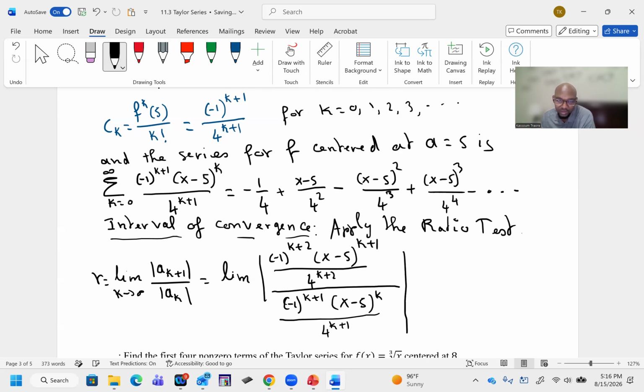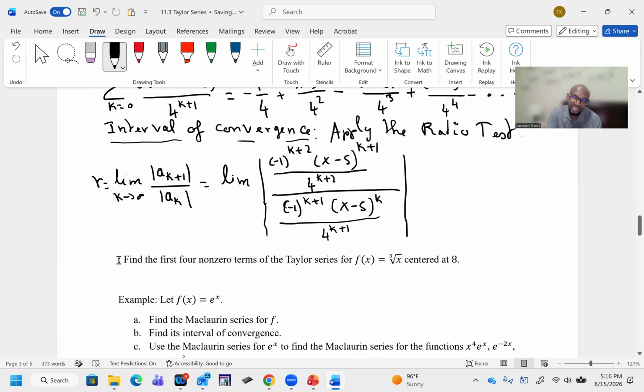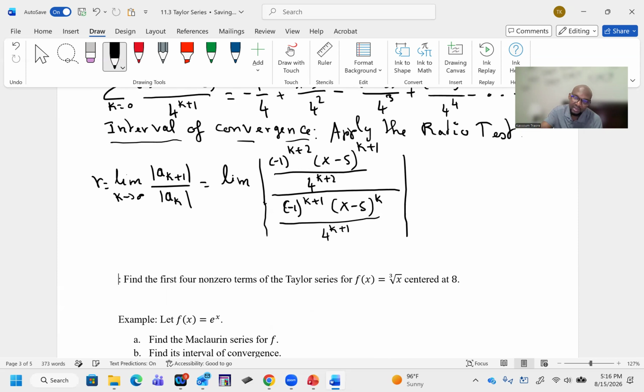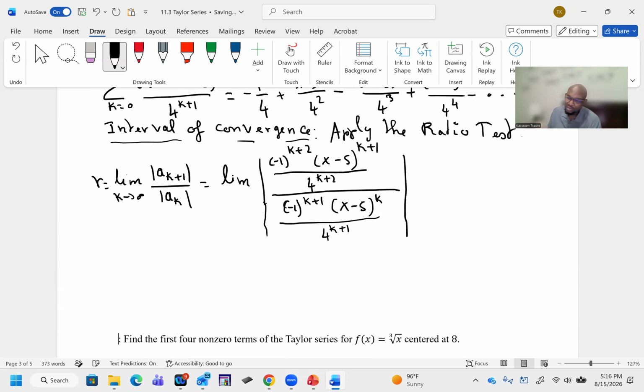So again, if I don't show you how this simplification is done, I believe by now you can practice this, right? So I'm just going to put simplify, for k approaches infinity, and then you will get the limit.